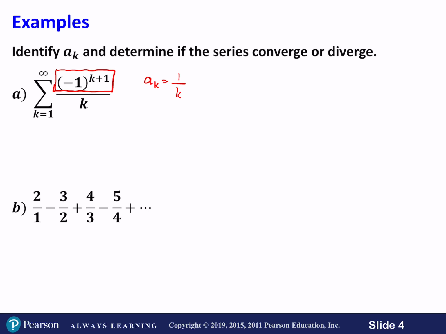And so we need to check two things. One is that a_k is non-increasing. And in this case, it is. There are two ways in this section that you can check for whether something is non-increasing. The first way is to take a derivative.